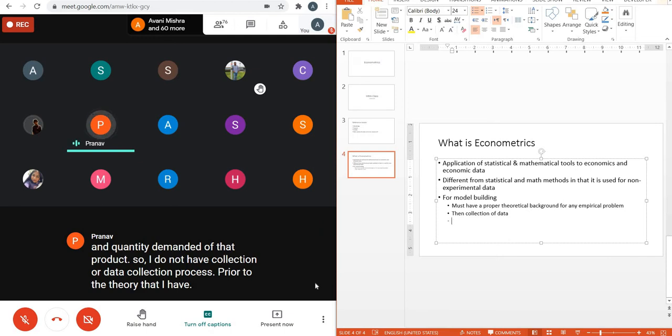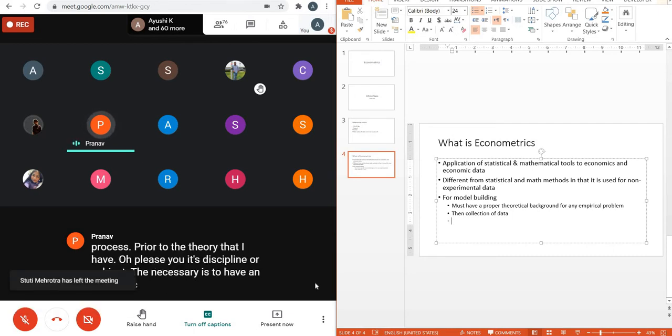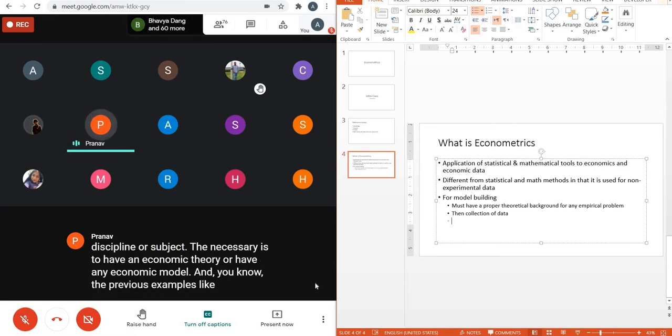The first thing that is necessary in this entire discipline is to have an economic theory or an economic model. For example, Phillips gave that there exists an inverse relationship between inflation and unemployment. Now this is a proper economic theory. How do I test it empirically? That's where econometrics comes into the picture.